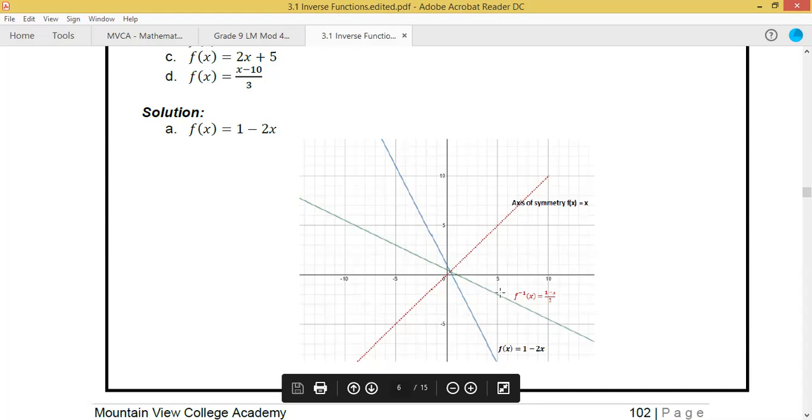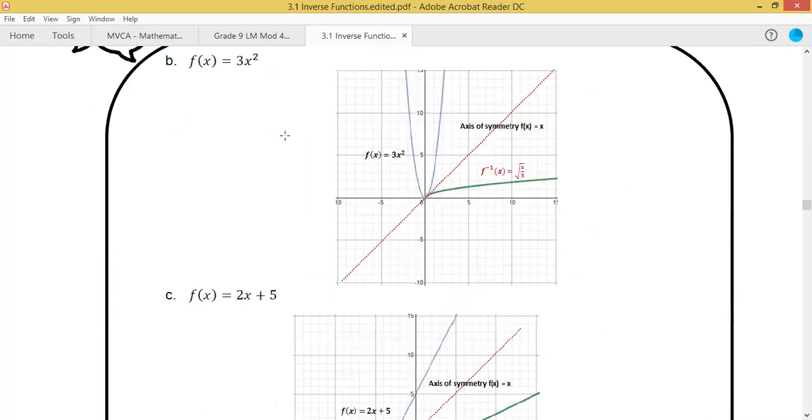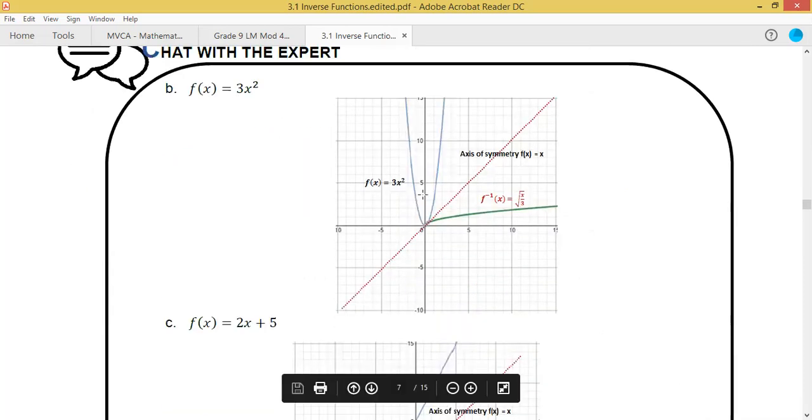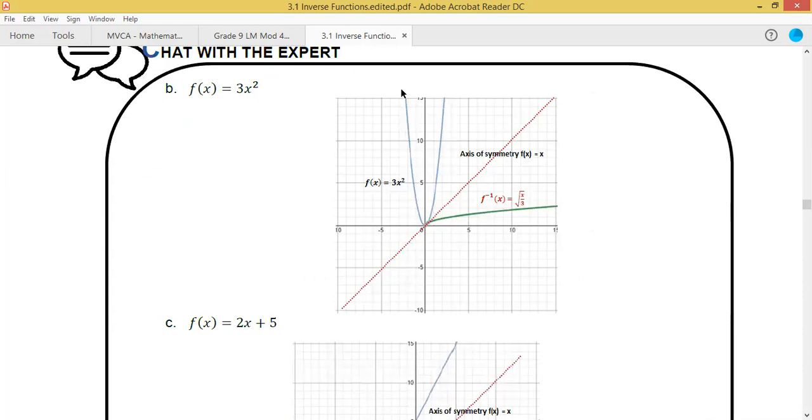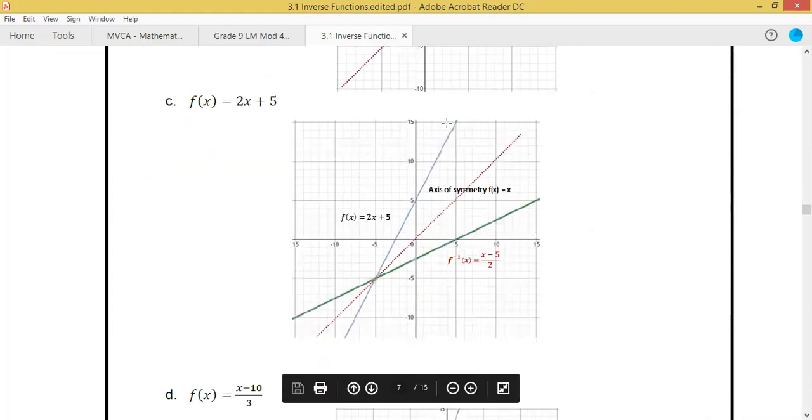On how to do it step by step, you go back to our previous lesson. Next, for 3x squared, this is the graph for 3x squared, and its inverse is this one, the square root of x over 3. For letter C, here's our axis of symmetry. Here's the graph for 2x plus 5, and its inverse is (x minus 5) all over 2.